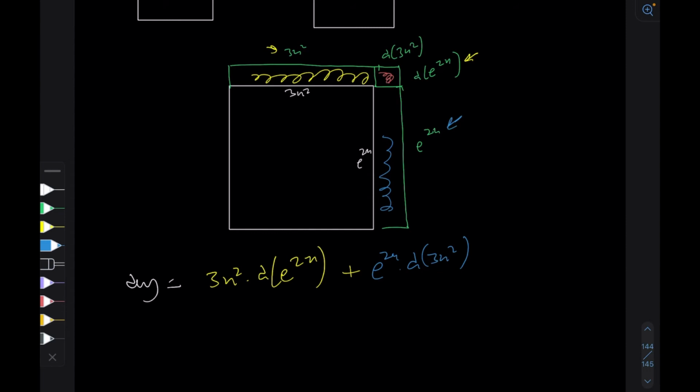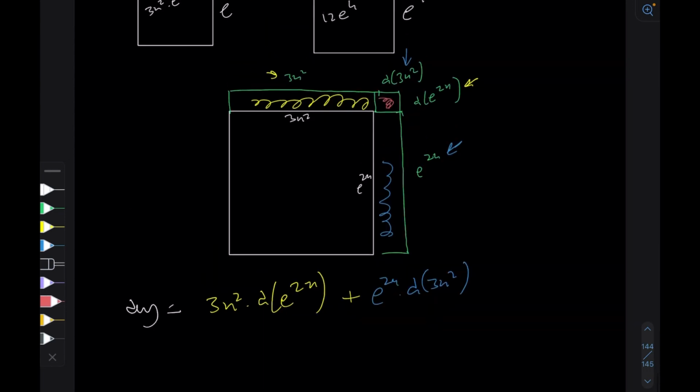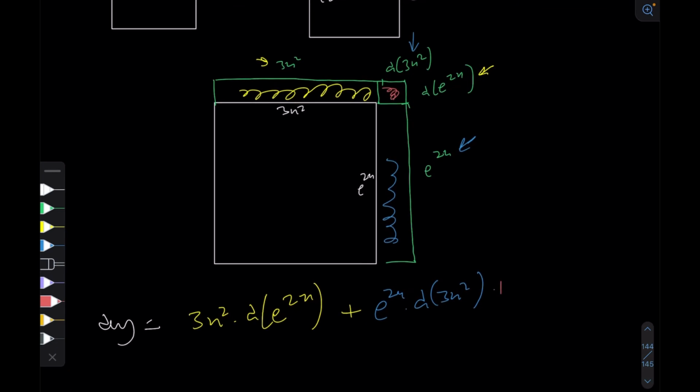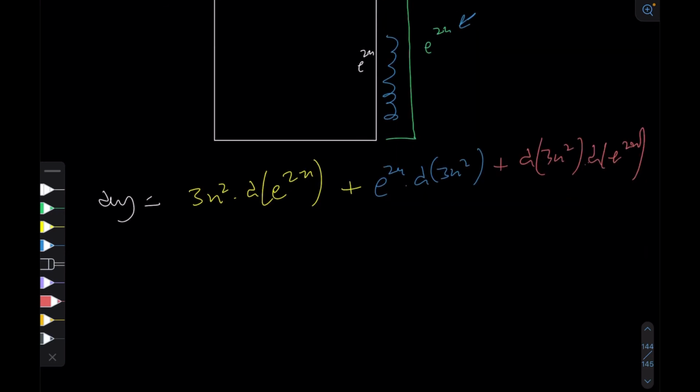Because this is one side and then this would be the other side, plus the change in 3x squared multiplied by the change in e to the 2x, right? So now I have an equation for the change in y.